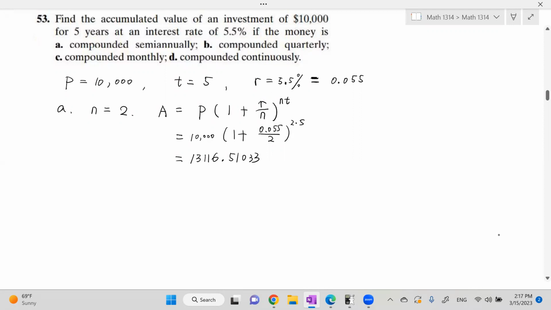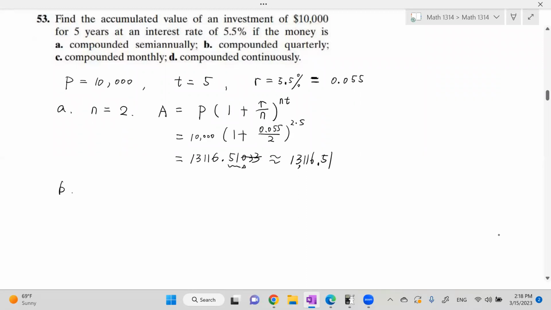All right, so we need to keep 2 decimal places. So I'm keeping these 2, because the digit after is 0, which is less than 5, so ignore this. We have 13,116.51. And you can put a comma here.